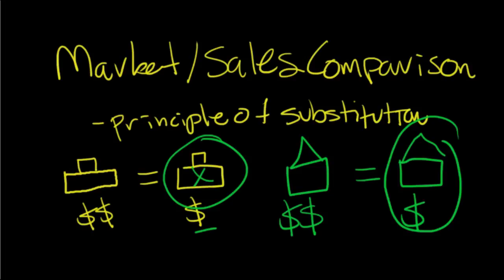And the market and sales comparison approach works on the same principle. And with this principle, which is something that, if you're going to go into the single-family home or the comparative market analysis, single-family home or the condo market, you're probably going to be using all the time. In fact, there's a tool built into the MLS to help you do that.